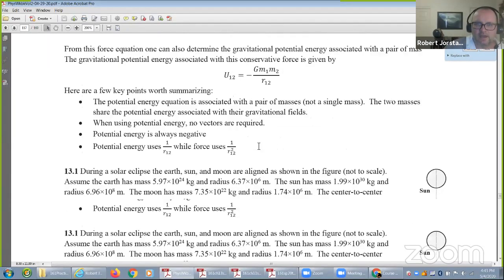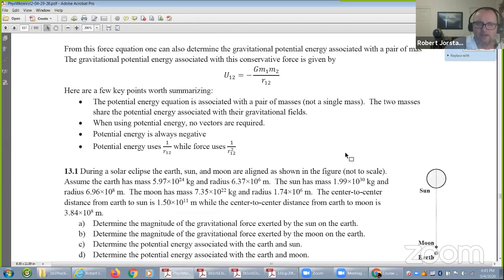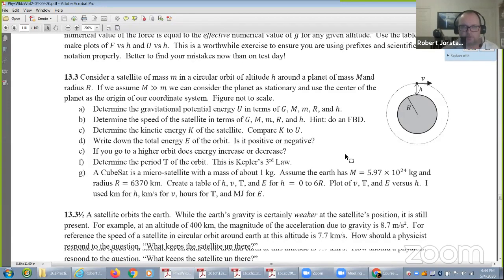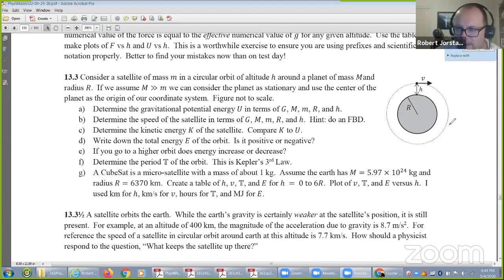All right, so there's that. Let's take a look at 13.3. Surprisingly, this one can actually confuse people. It gets uncomfortable when you're first doing it. If we have a mass sitting right here, let me zoom in a little bit.